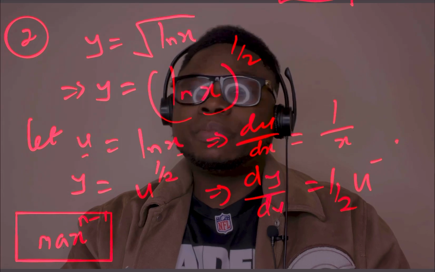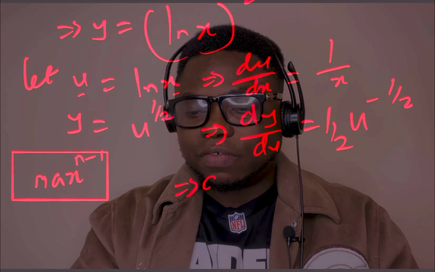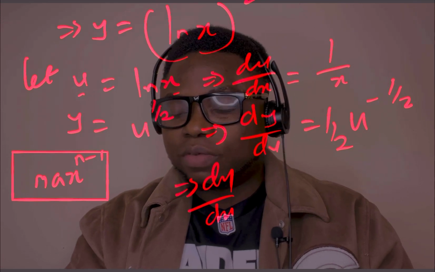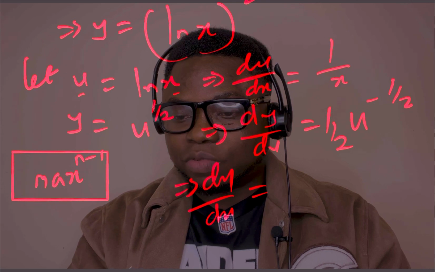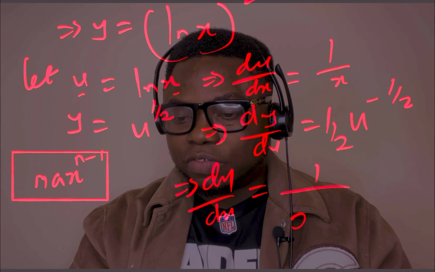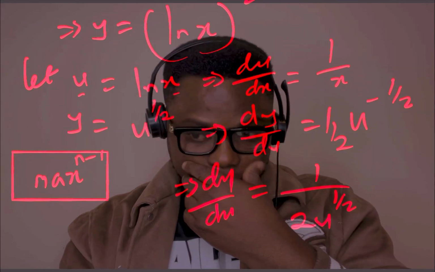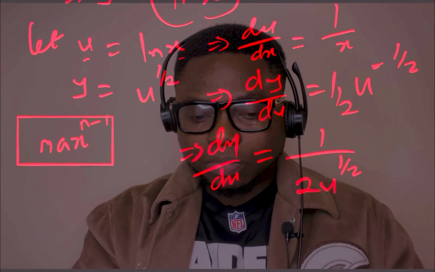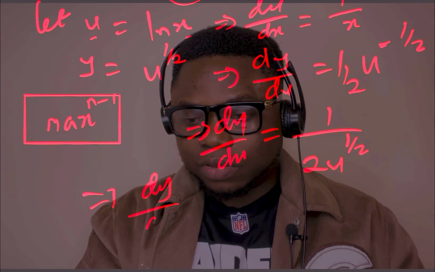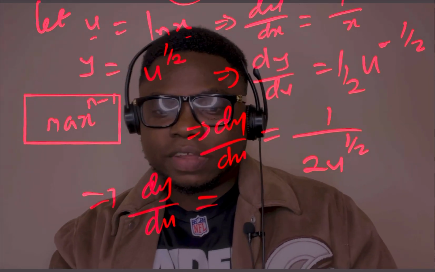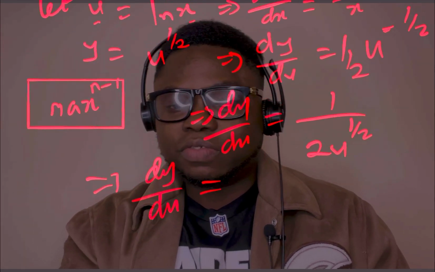which is going to give me minus half. Now, this is the same thing as dy over du is equal to 1 over 2u raised to the power of half, when you remove the minus sign here. Now dy over du is equal to, remember that we said let ln x be equal to u here.